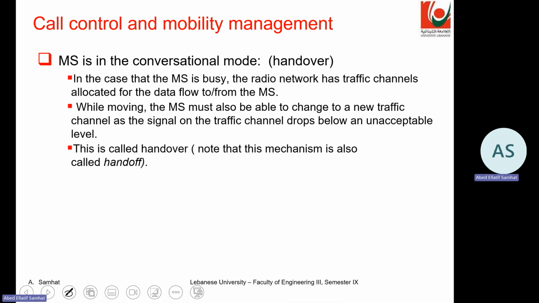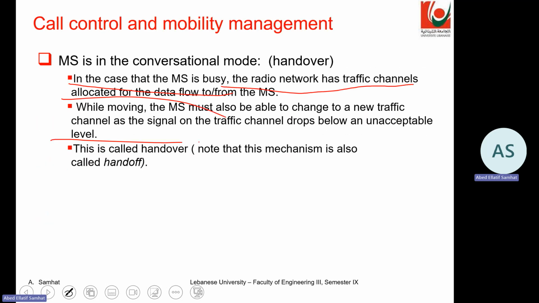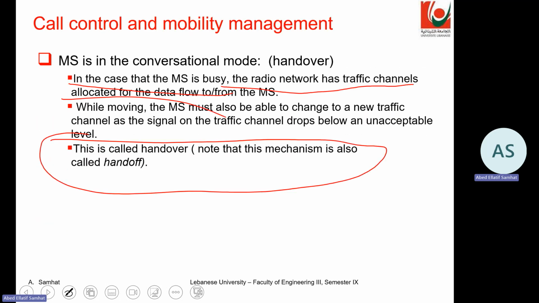And after that, when the mobile station is in conversational mode, the mobile station is busy and the radio network has a traffic channel allocated, as we said. The idea here is to know how the process of handover is done.